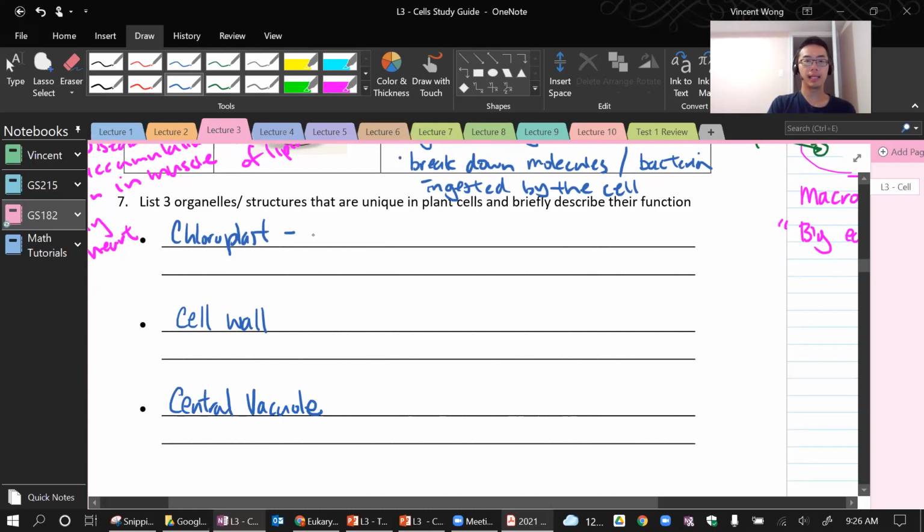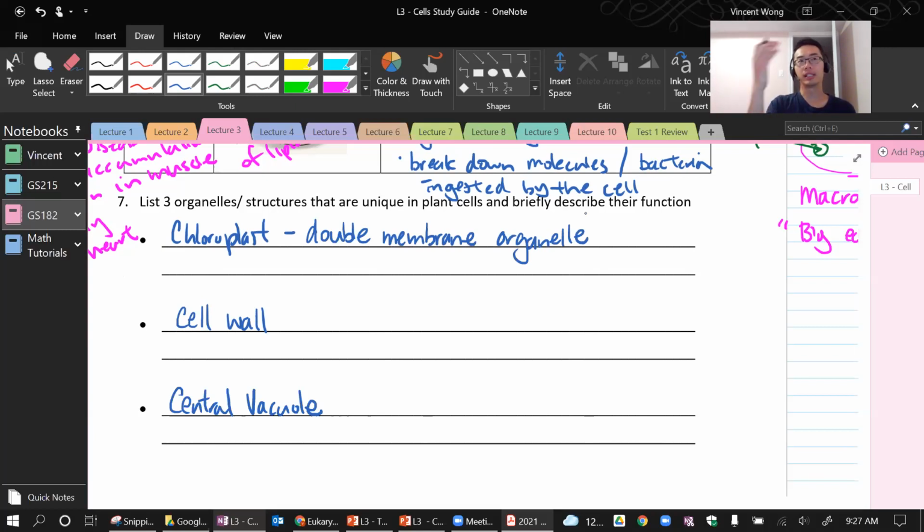Okay, so what is the chloroplast? Chloroplast is a double membrane organelle, just like the mitochondria. There's an outer membrane, there's an inner membrane, right? And instead of having the matrix, it has something called the stroma, but we're not going to go into it.